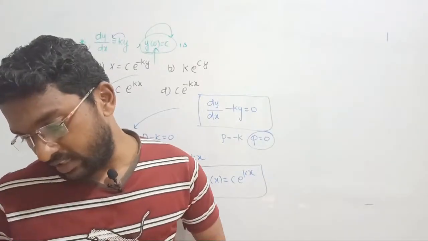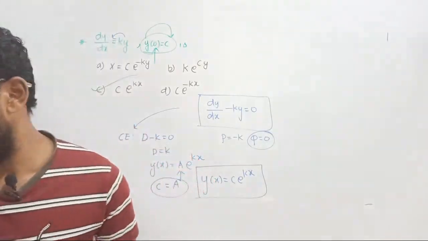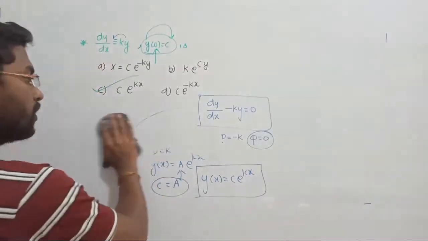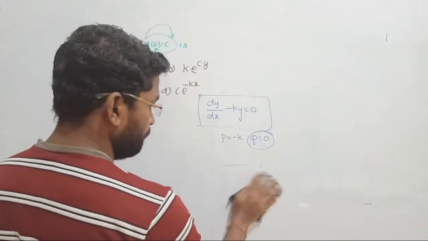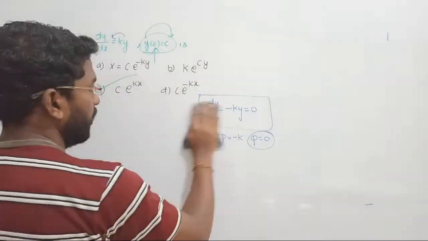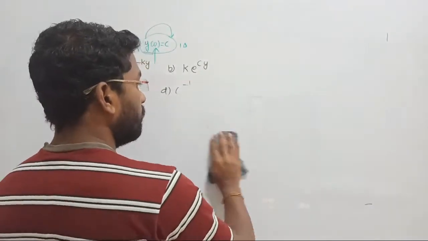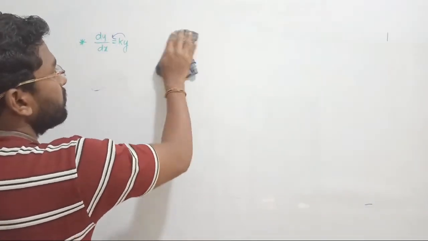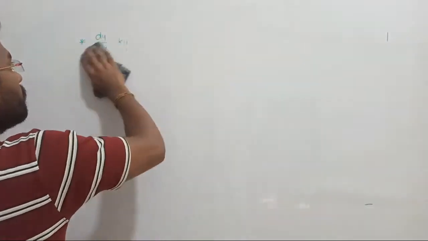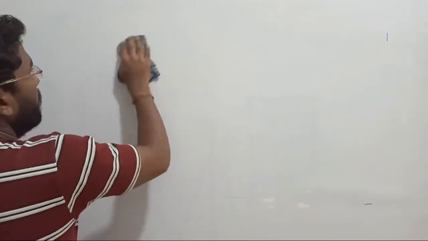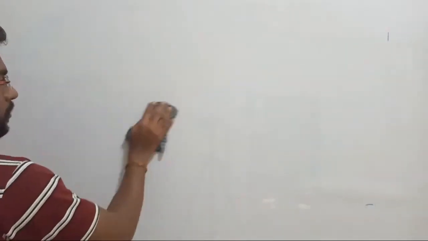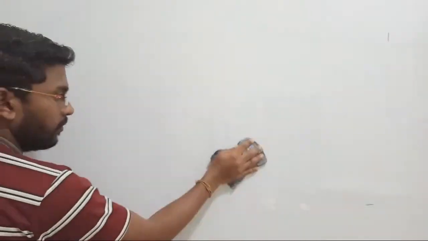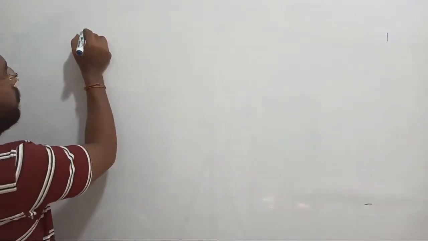Given it is with the initial condition x of 1 equal to 0.5. Let me write. Right? Please be patient for a few seconds. I have to rub these things. Yeah, let's try and bring the answer. Given it is with the initial condition x of 1 equal to 0.5.